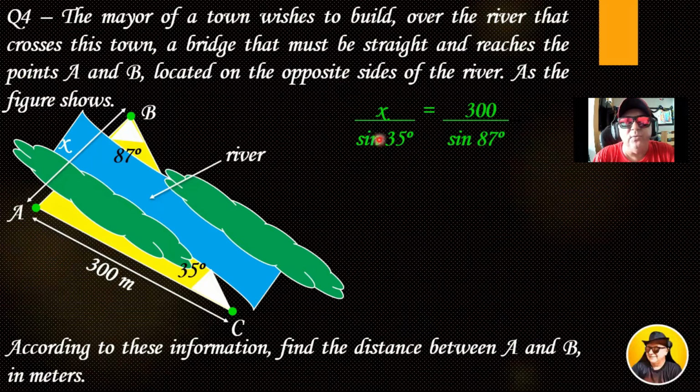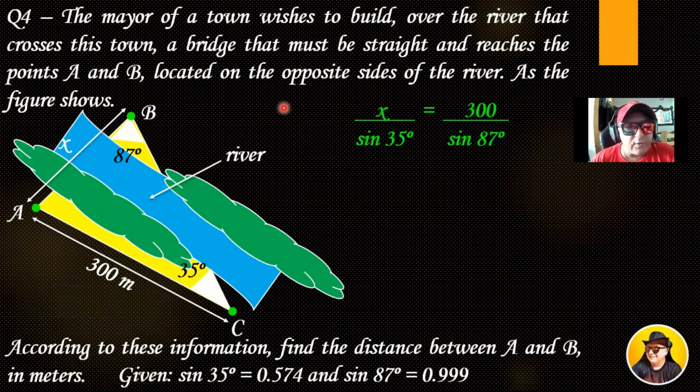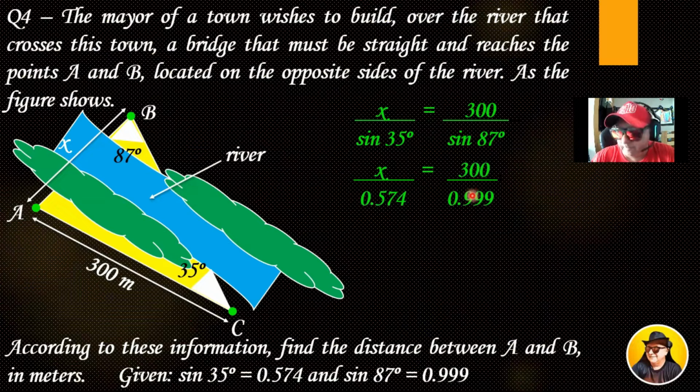Now let's do the replacements. Okay, it was given the sine of 35 degrees and the sine of 87 degrees. Let's replace. Okay, replacing the sines, I have that x is over 0.574 and 300 is over 0.999.